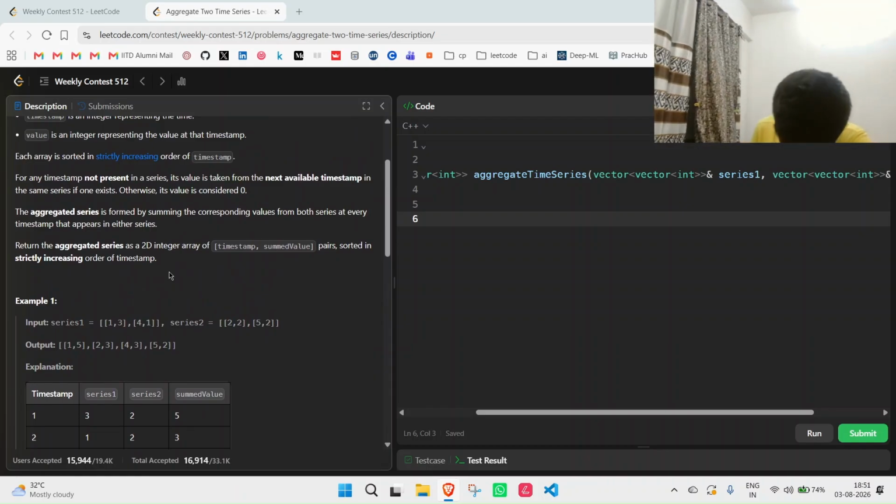If we have a series 1, which is 1 comma 3, 4 comma 1, then we have 2 comma 2, 5 comma 2. Series 1, this is series 2.